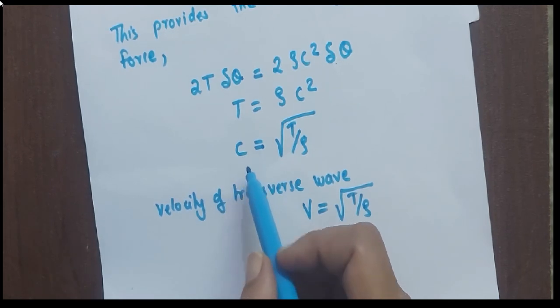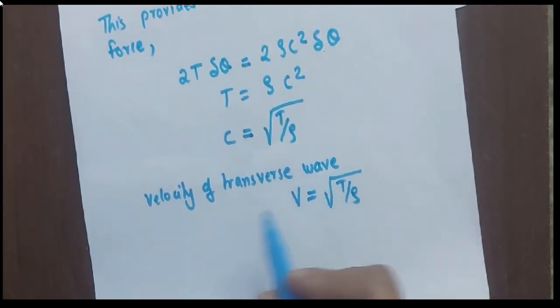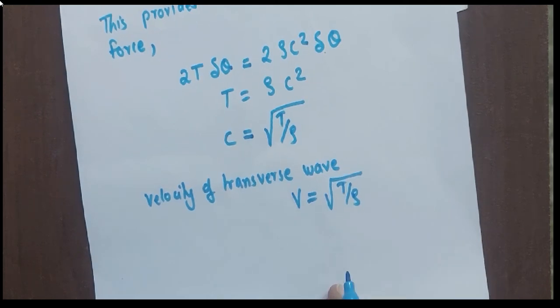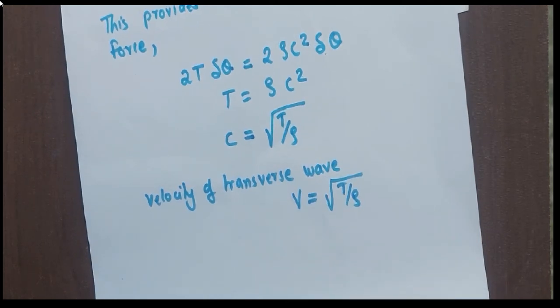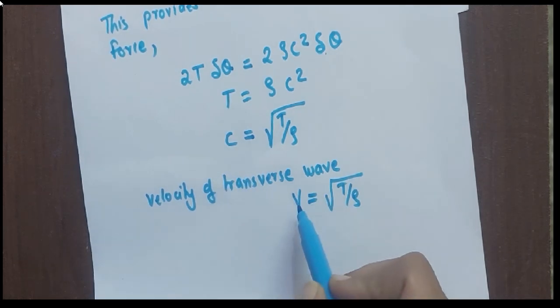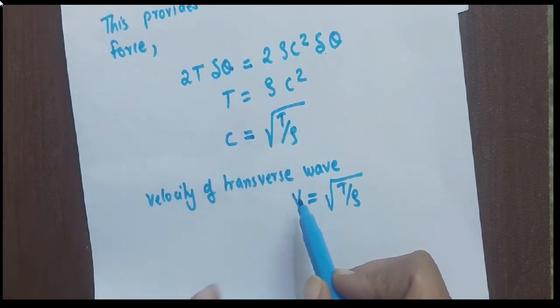So don't confuse between this C and that velocity of light. Otherwise you can use directly, this is velocity, we are denoting it by V, and you can derive this equation. So according to the book, some books make use of C, and some books make use of V. These two things are same. This is not velocity of light. This is velocity of the transverse wave.